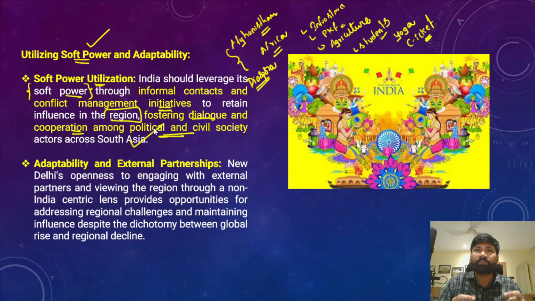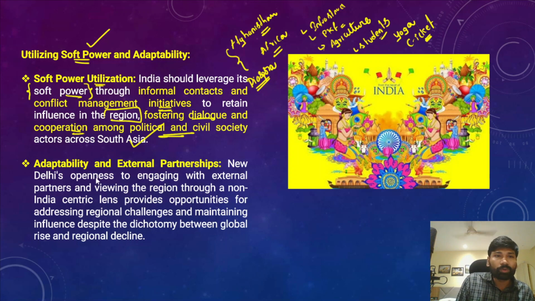So that will have huge benefits for India in the long term. Even though it takes time to develop or leverage soft power, it gives a lot of benefits in the long term.